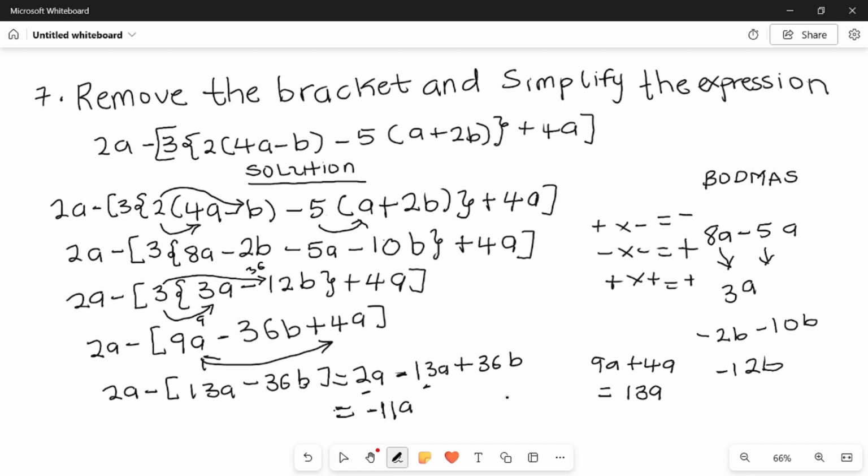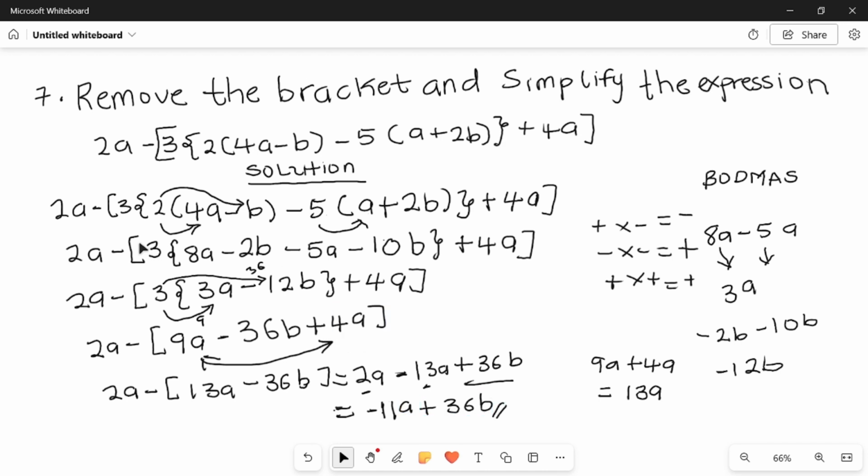Then you bring down plus 36b. So this will be our final answer after removing the bracket and simplifying the expression: minus 11a plus 36b.